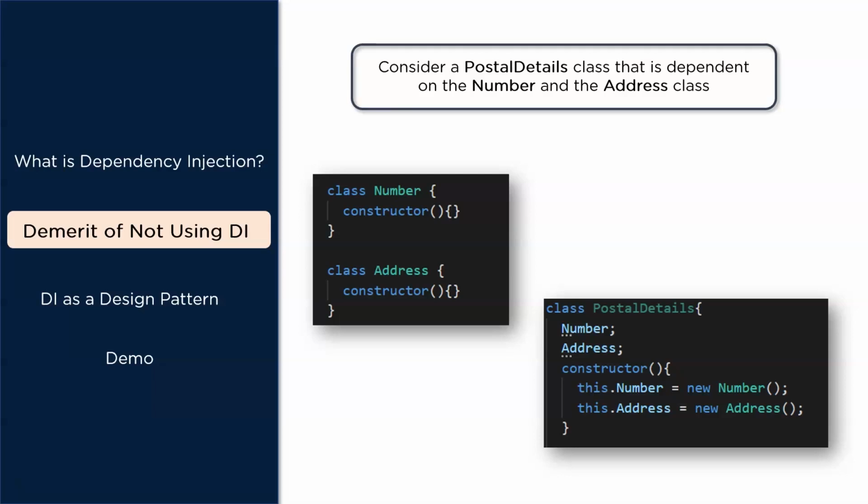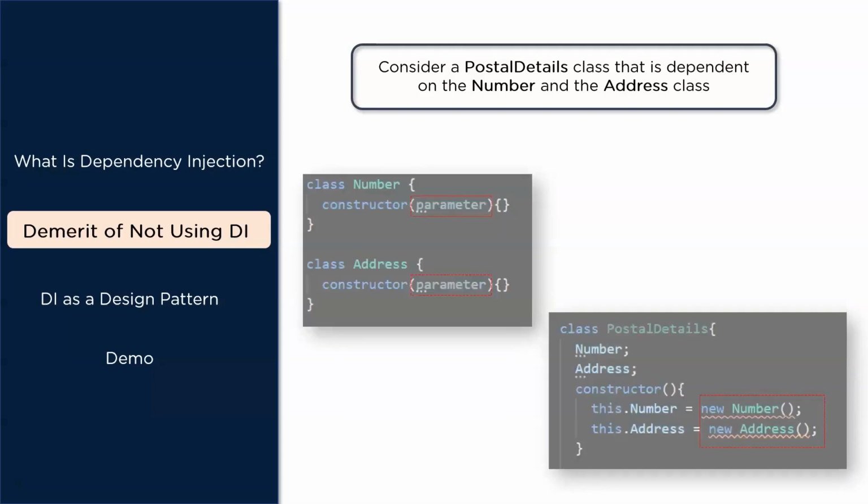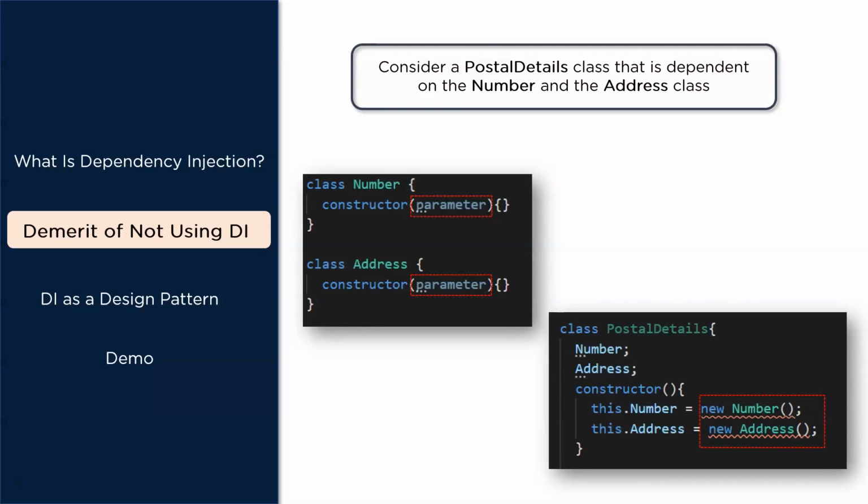Now, although this looks simple, there's a problem with this code. Let's assume that the Number and Address class constructors now accept parameters. When we change the Number class, the PostalDetails class gets broken. Now to overcome this, we need to pass a parameter to the Number constructor. So this applies to Address as well.